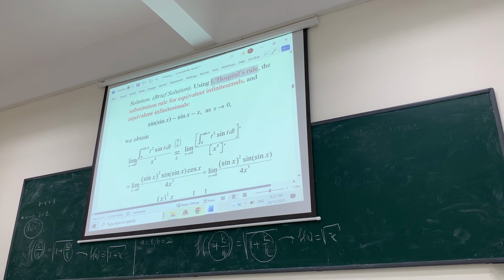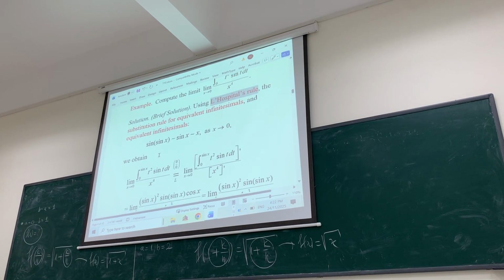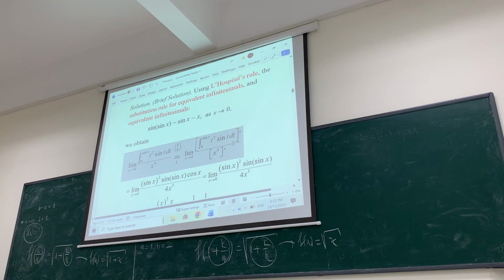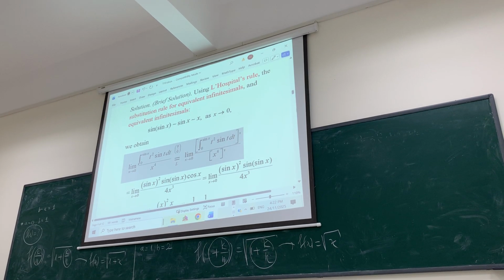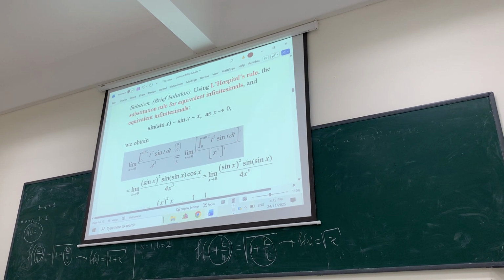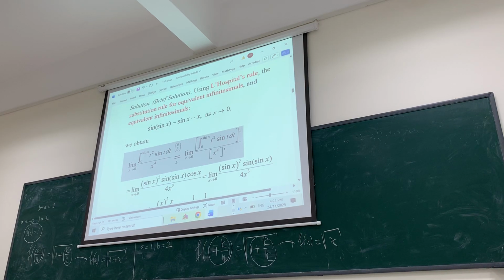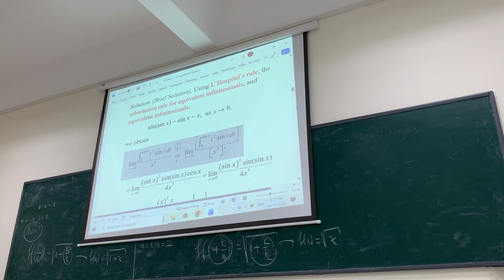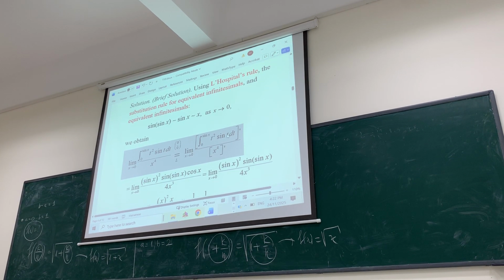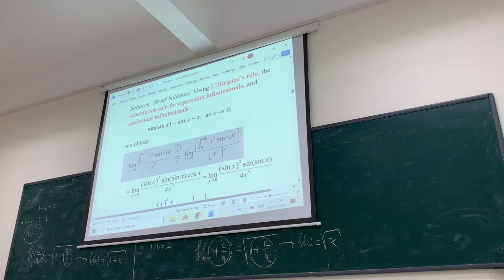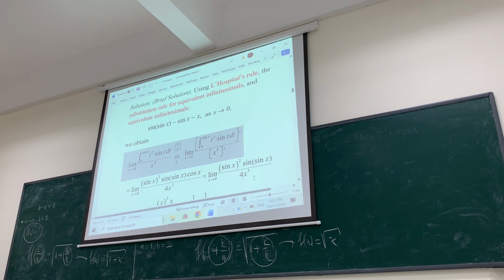Of course, we can apply L'Hôpital's rule to this situation. We can express the limit here by a derivative. I think we need to find the derivative of the integral. We can use the second fundamental theorem.